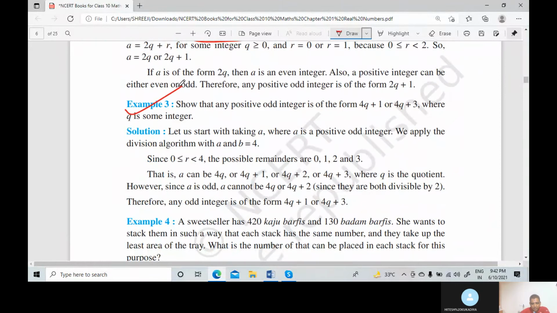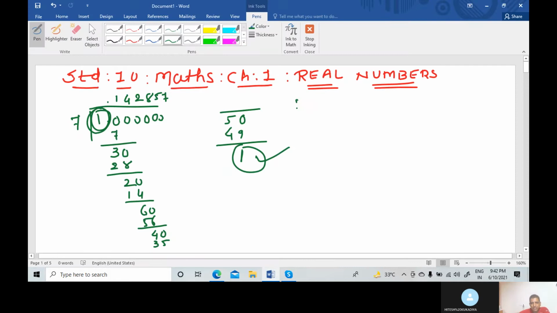Now we discuss this type of question also. Third question, look at this third question. Show that any positive odd integer is of the form 4q plus 1 or 4q plus 3, where q is some integer, right? We calculate in our notebook, example number 3.